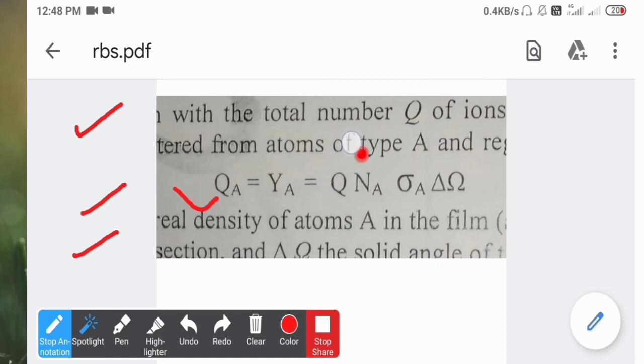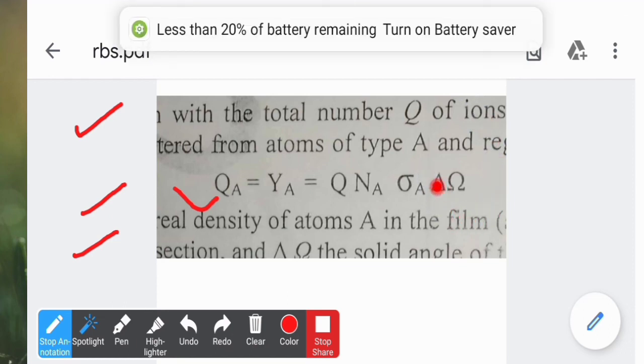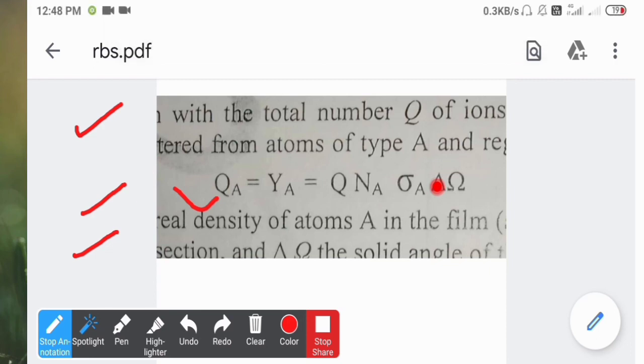Q is the total number of particles incident on the solid. Na is the areal density of the atoms, where A is the analyte. Sigma is the differential scattering cross section, and delta omega is the solid angle of the detector. Based on this we can determine the quantitative yield of that particular ion.